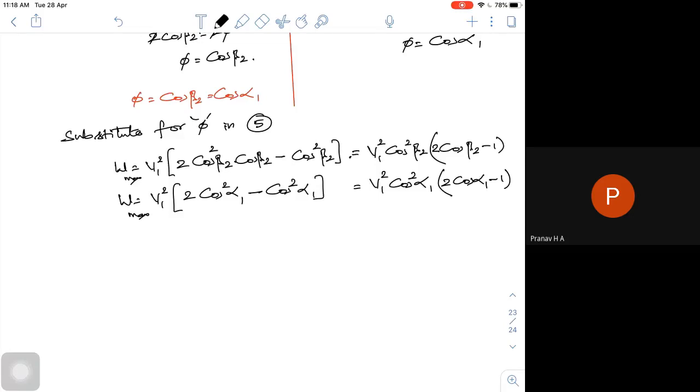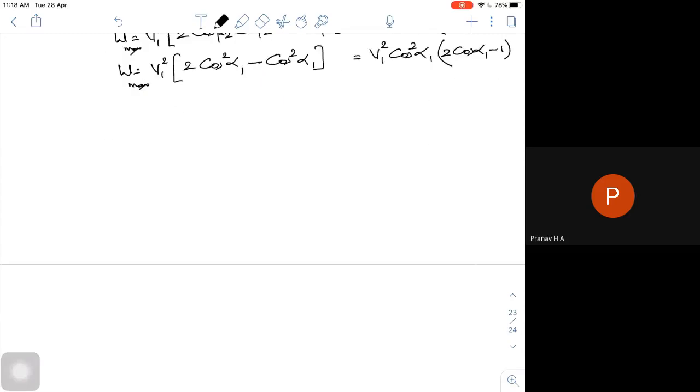Fine. So similarly, we have to derive the expression for blade efficiency. Before we discuss the blade efficiency, let us write the expression for the enthalpy drop. So what are the energies involved in case of your turbine?